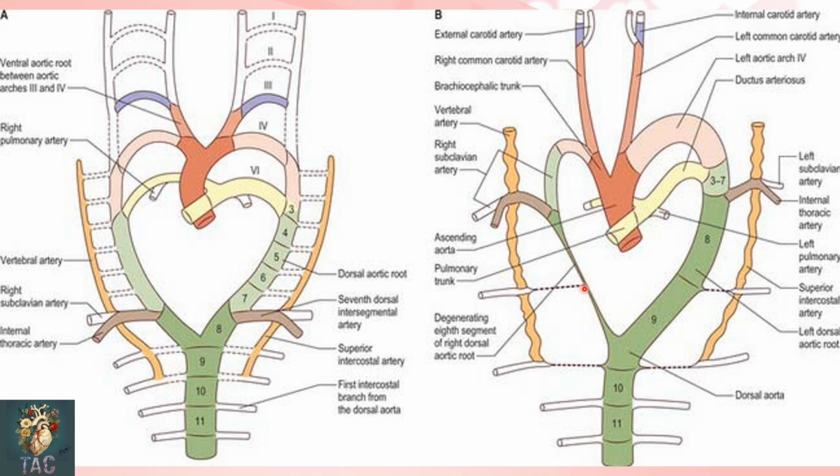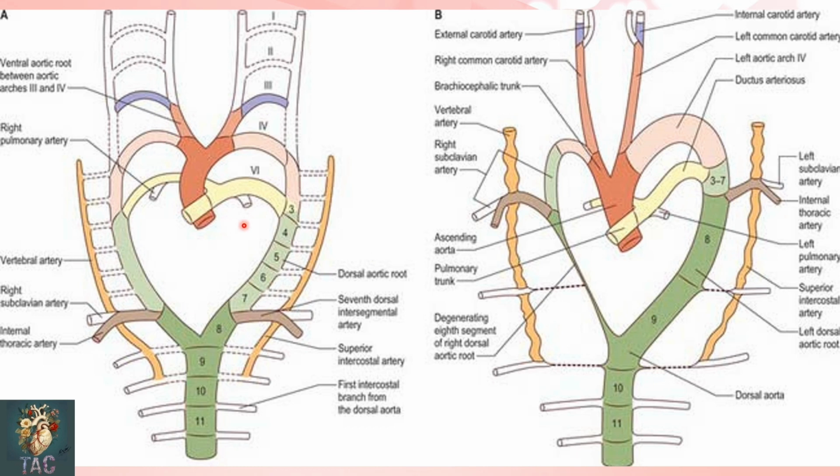So now we move on to the 6th aortic arch. The 6th aortic arch is also called the pulmonary arch. Initially, this pulmonary arch is connected to the dorsal artery on both sides, but later on the right side, this disappears. Before it disappears, it gives a branch which is called the right pulmonary artery to the developing right lung, and on this side the left pulmonary artery which will go to the left lung.